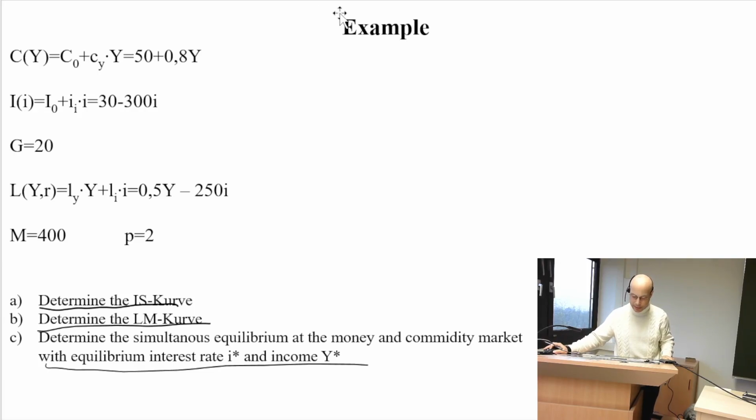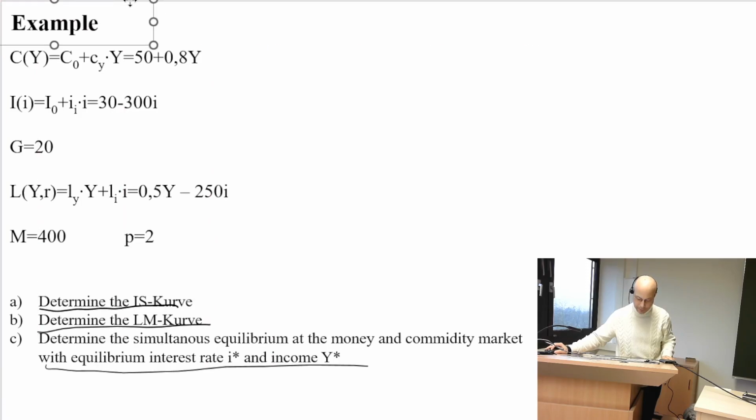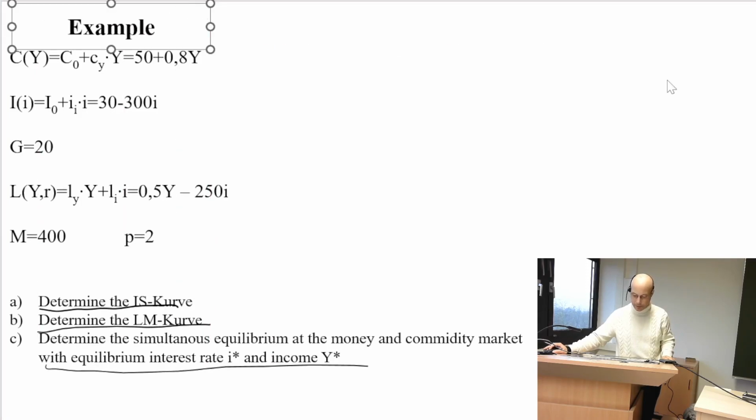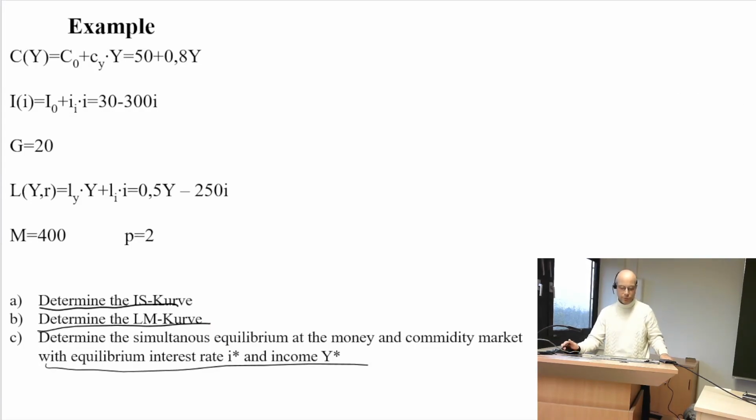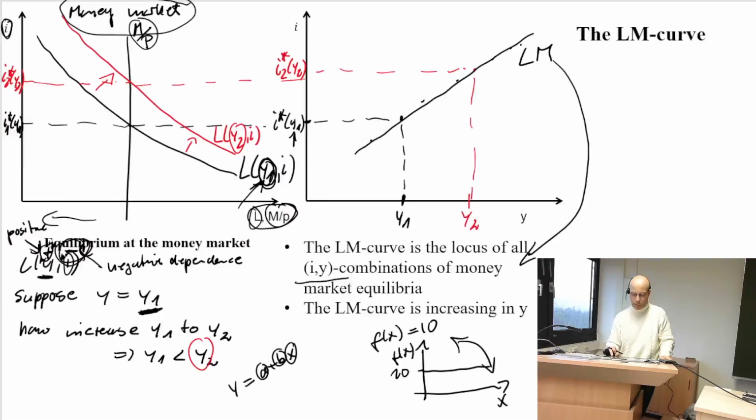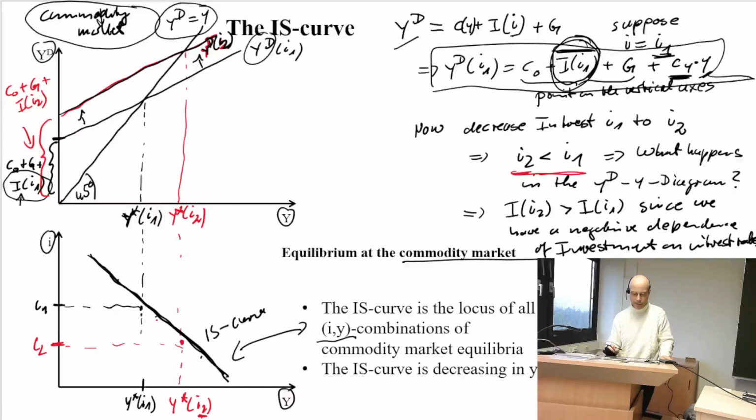So let's start with the IS curve. What do we have to do? What was the equilibrium condition at the commodity market? We go back here.